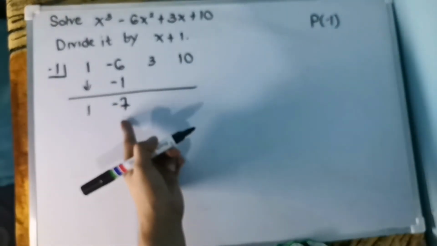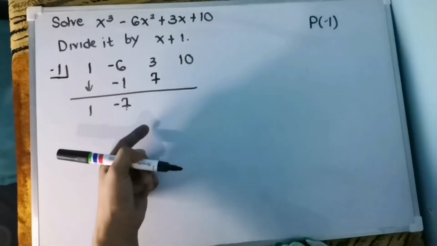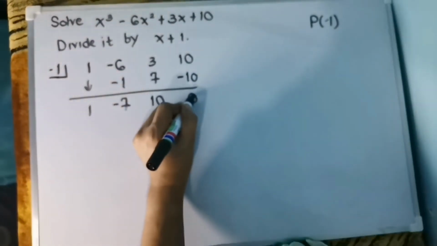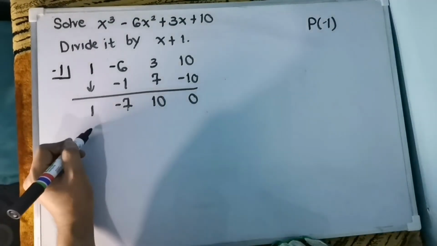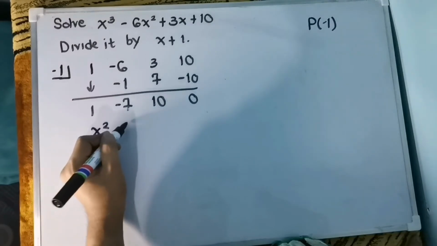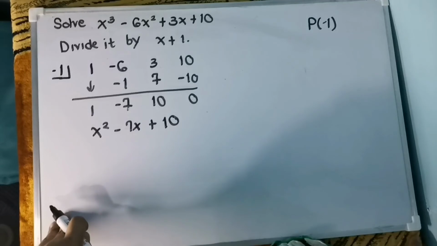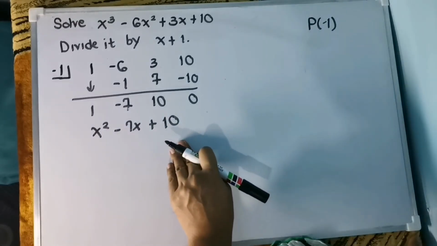Then, negative 7 times negative 1 is positive 7. 3 plus 7 is 10. 10 times negative 1 is negative 10. So, there is no remainder. So, let us write this as x squared minus 7x plus 10. Therefore, the other factor is x squared minus 7x plus 10.